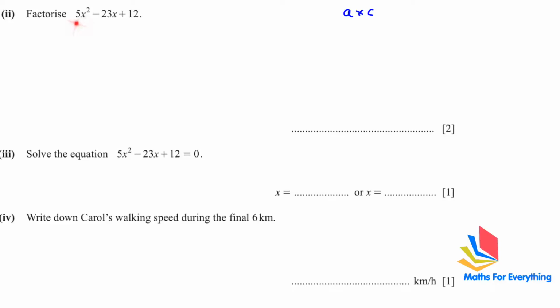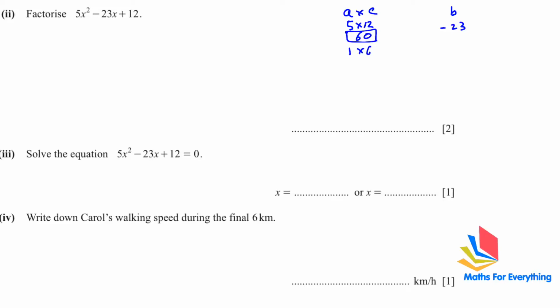A is the coefficient of x squared and c is the number without x. That will give us 5 multiplied by 12, which is 60, and we write down b. B is the number before x, which is negative 23. You need to find the factors of 60 that, when you add, will give you negative 23.